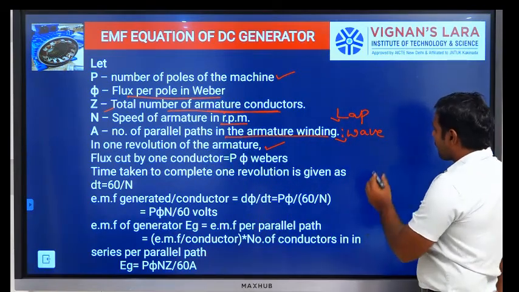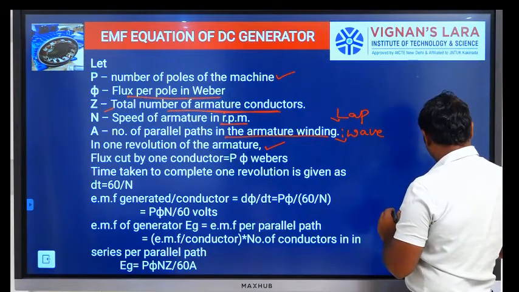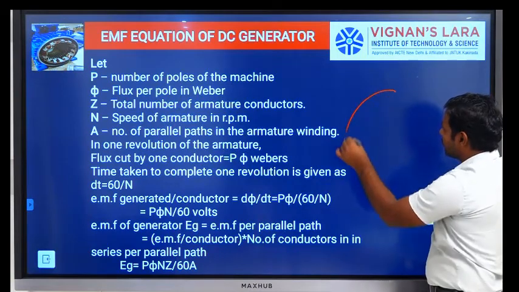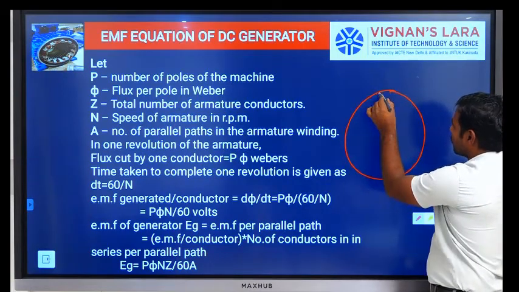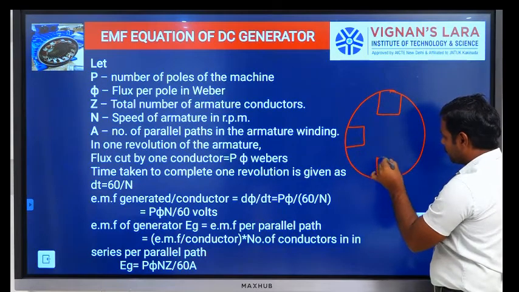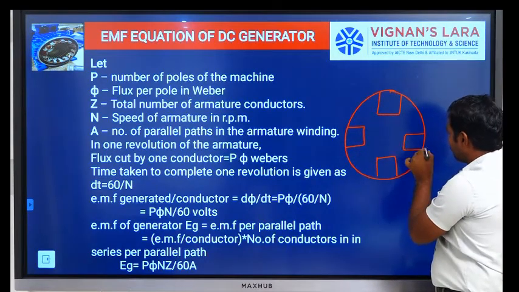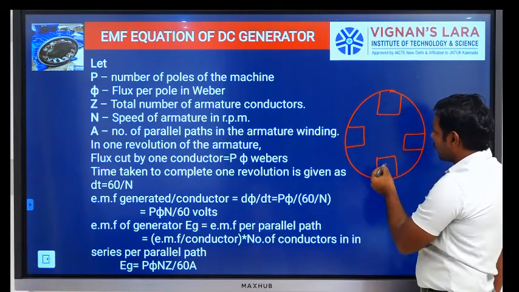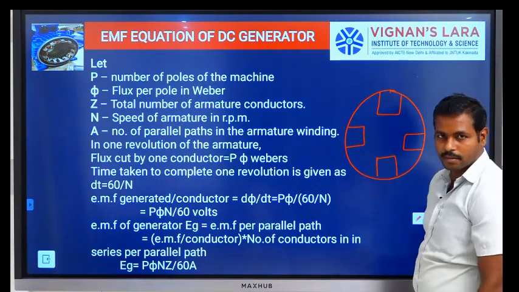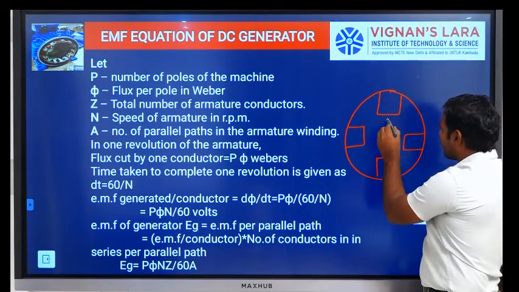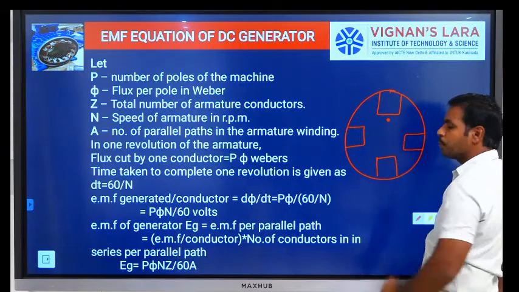Here we consider a DC machine, a 4-pole machine: 1, 2, 3, 4. In this 4-pole machine, we consider one conductor placed in this position.